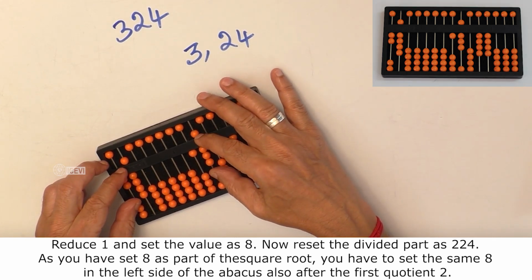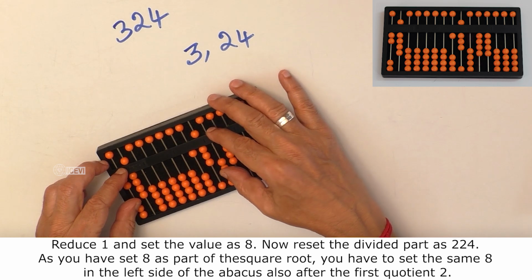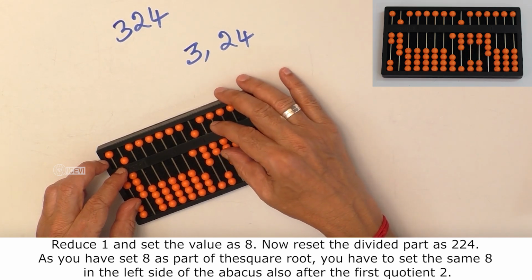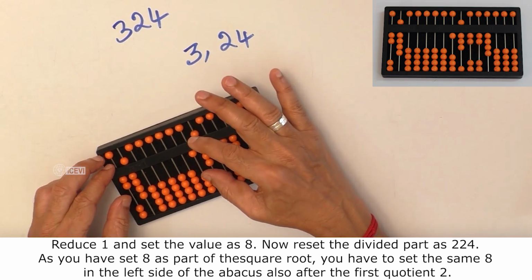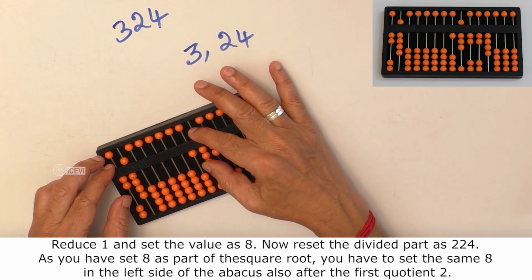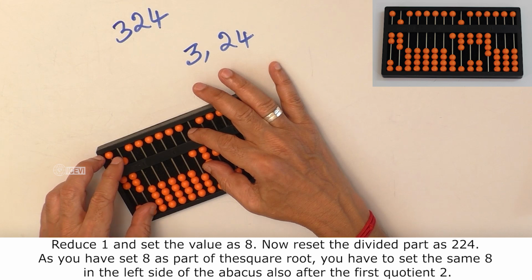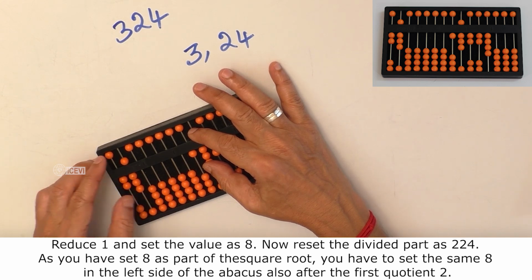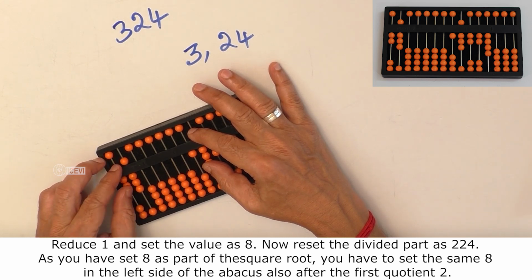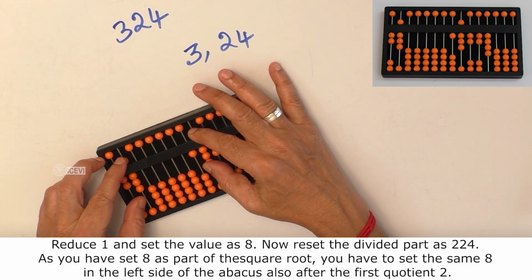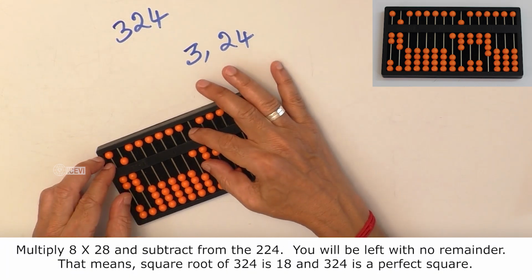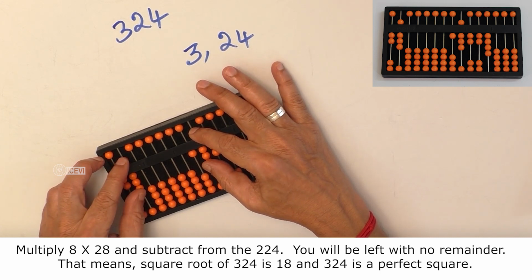Now reset the dividend part as 224. As you have set 8 as part of the square root, you have to set the same 8 in the left side of the abacus also after the first quotient 2. Now multiply 8 with 28, which is 224.